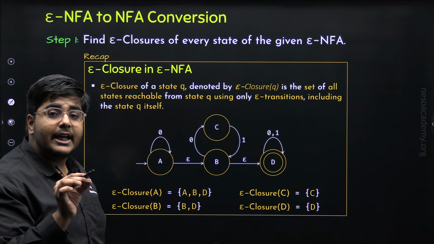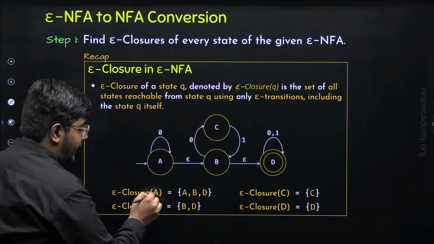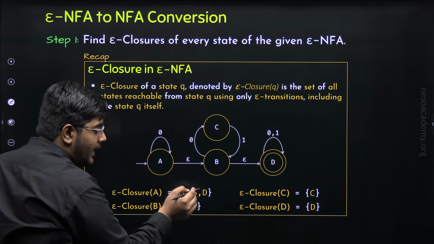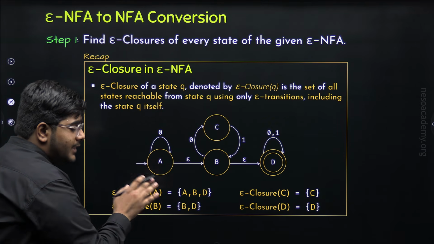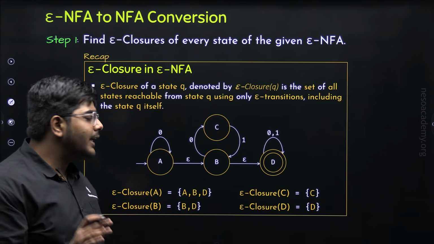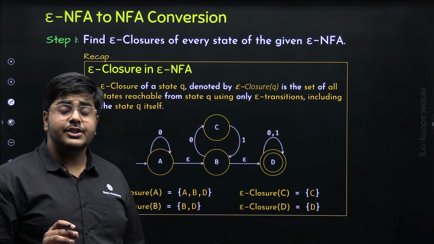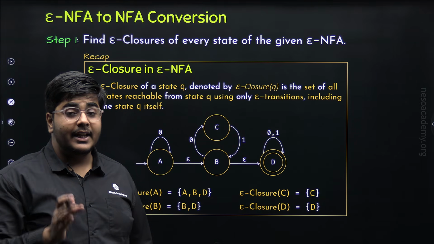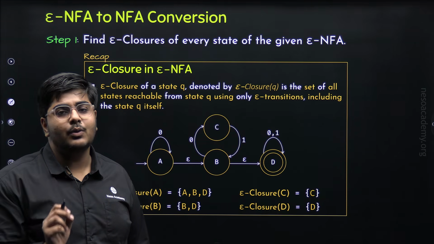That is why the epsilon closure of the state A contains three states: A itself, B, as well as D. So this is how we calculate the epsilon closure of a state. And similarly, we can find the epsilon closure of all the states of this epsilon NFA. In this way, we are done with step number 1.